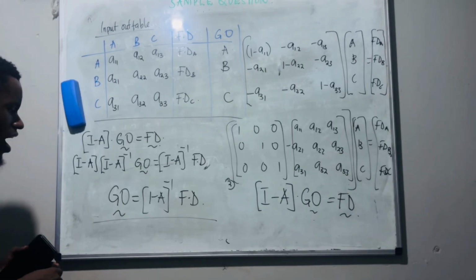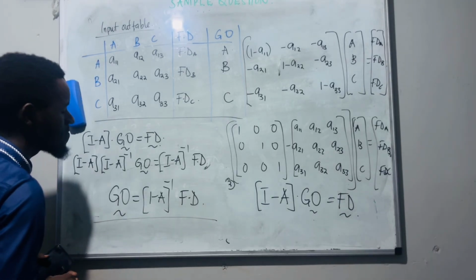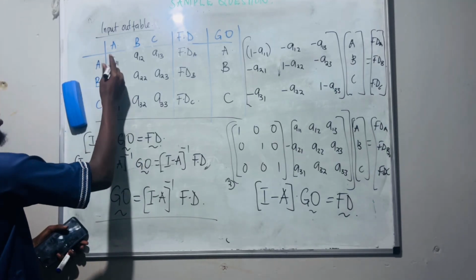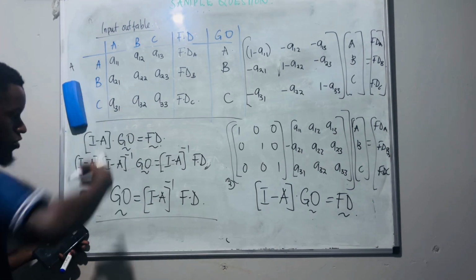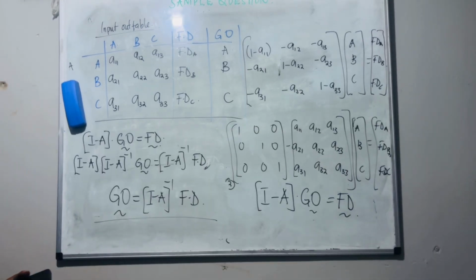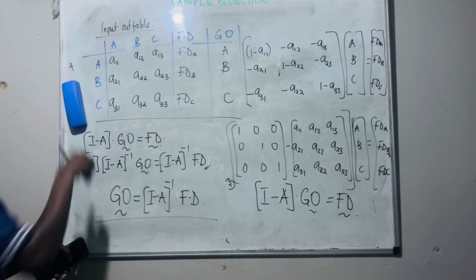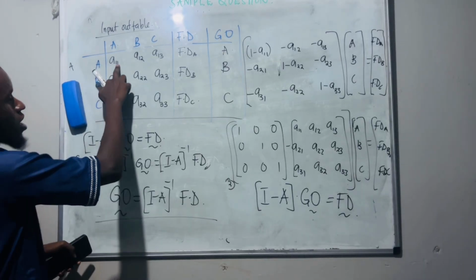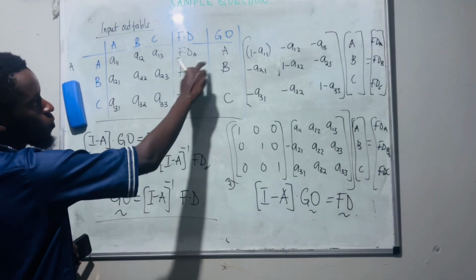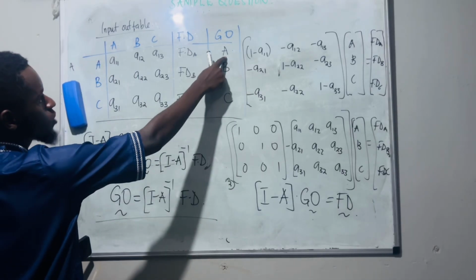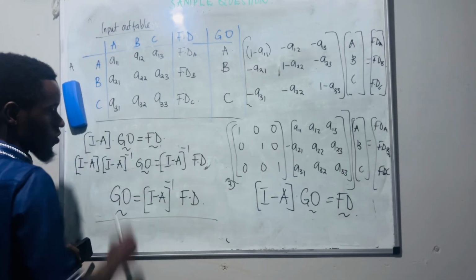Now I get to know that this I minus A inverse is my inverse coefficient matrix, and this A, our matrix A, is the coefficient matrix. Now, what is the significance of this inverse coefficient matrix? What is the significance of the A matrix? We said this A11 means that out of the whole gross output produced by factory A, part of it, A11, is used by A itself.